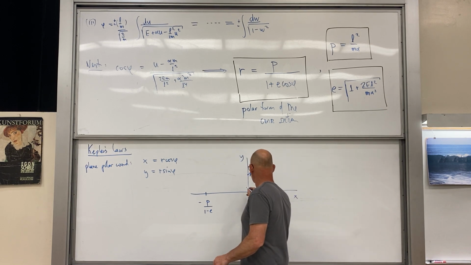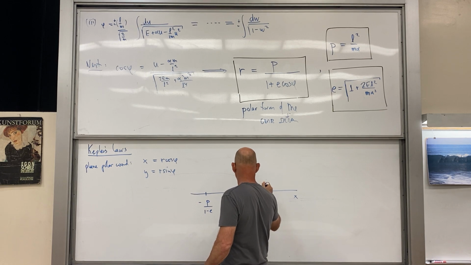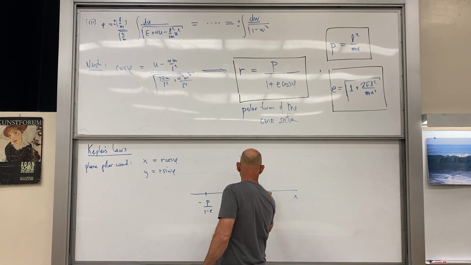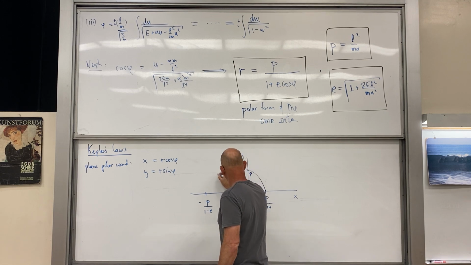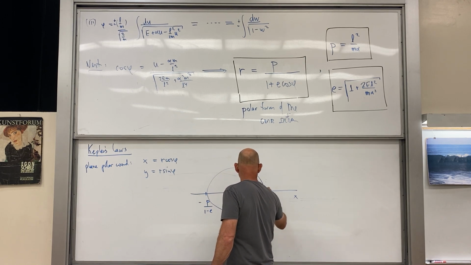And I'll take this as enough points. Let's make this a little higher. p, minus p. Got to freehand draw this. We're coming up. Not bad.